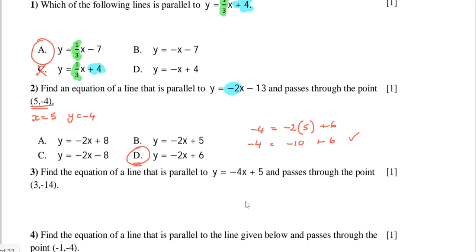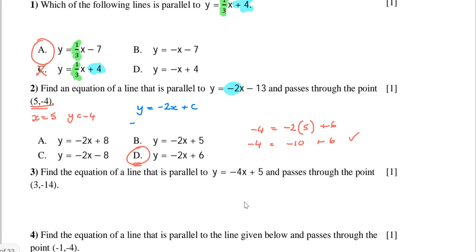Well, I know it's parallel, so it has the same gradient. So you just write y is equal to -2x plus c, and then you can just put into that. I mean that's probably a preferable approach, isn't it? So just put that in.